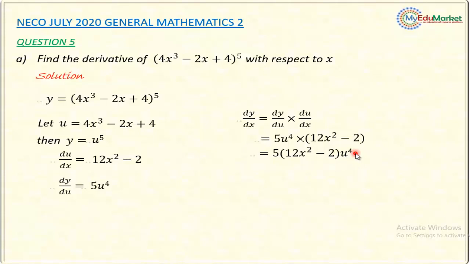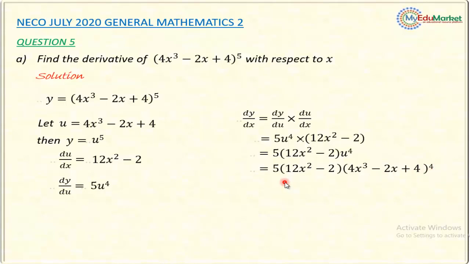So next is to substitute u back, because u is already this function 4x raised to 3 minus 2x plus 4. So I'm going to take it back. So that gives me 5 into 12x squared minus 2, then times the bracket 4x raised to 3 minus 2x plus 4 raised to the power of 4. So this is where you stop.